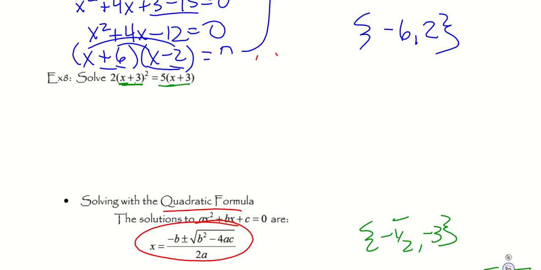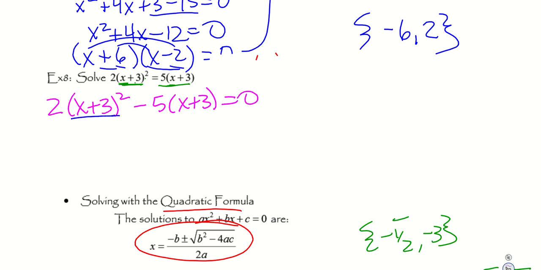So I got 2 times x plus 3 squared minus 5 times x plus 3. After your experience in factoring, maybe when you saw this, you noticed that there was a common factor between the 2 terms on either side of this subtraction sign. If I factor out one of those x plus 3's, there's my x plus 3.